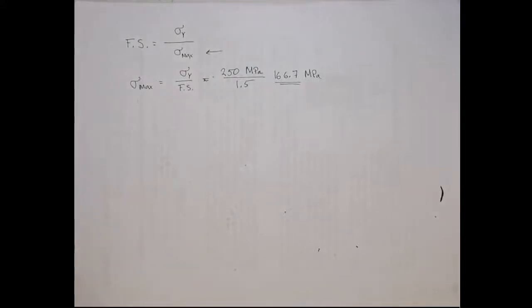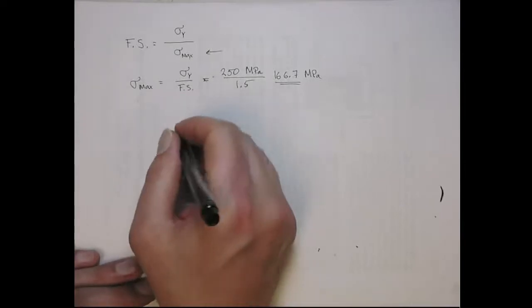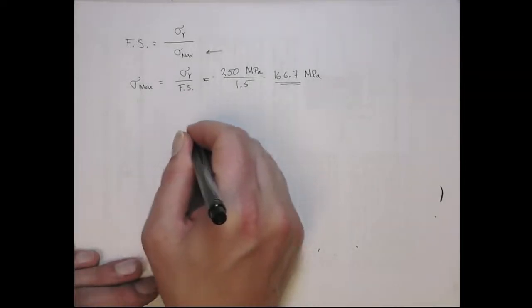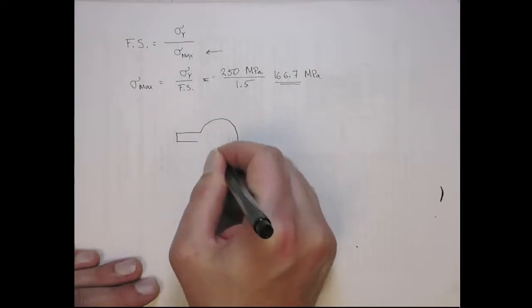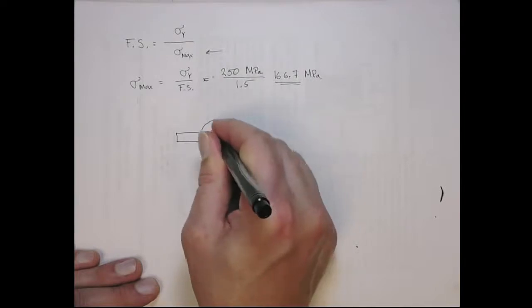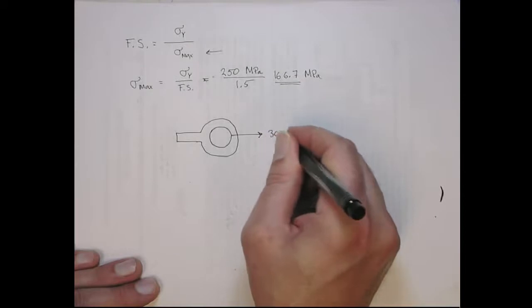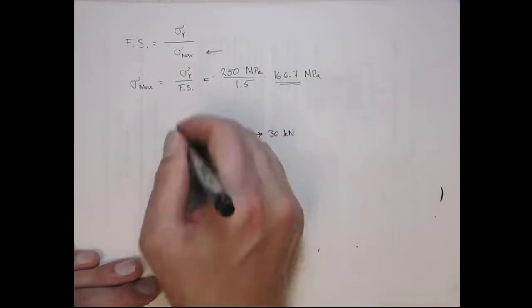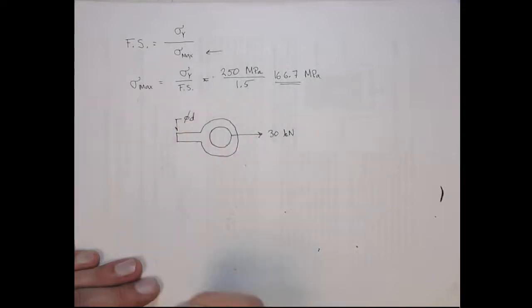All right, so let's do the problem. If we do a free body diagram, here's the eye, and we're applying on here the force of 30 kilonewtons. This has a diameter of d.